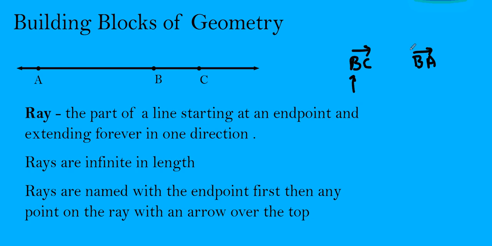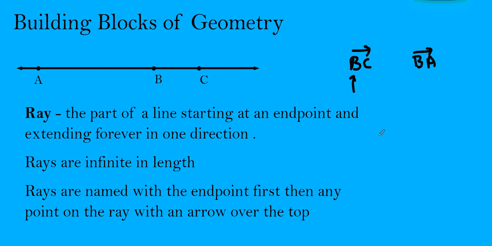That doesn't determine the direction. The thing over the top only tells you what it is, not which direction it's going. The order of the letters tells you that. So B is where it starts and A is where it goes through. That means it's starting at B and going left through A. If we're starting at B and going through C, that means it's going right. That's how we determine the direction.